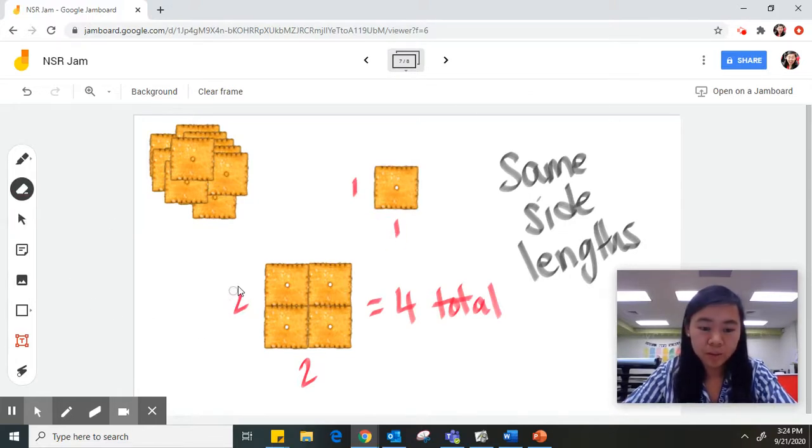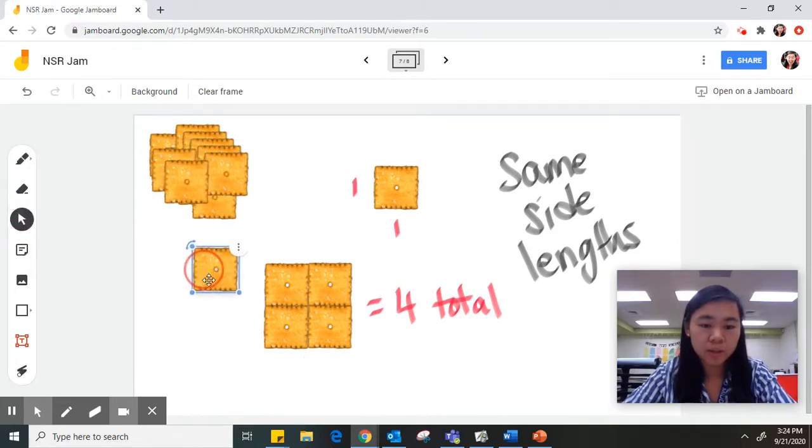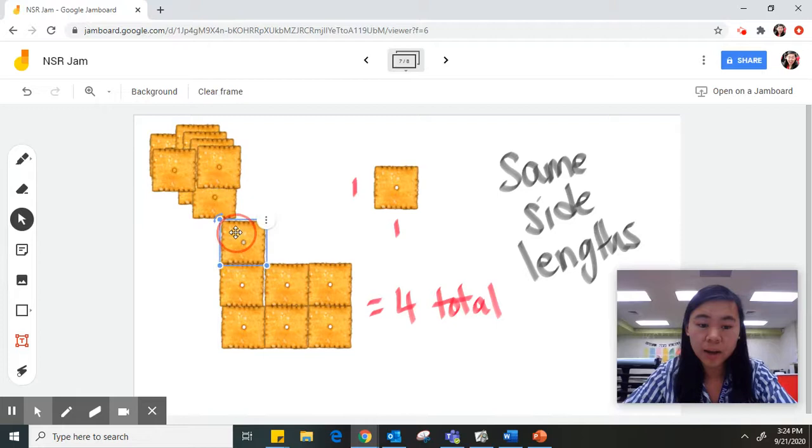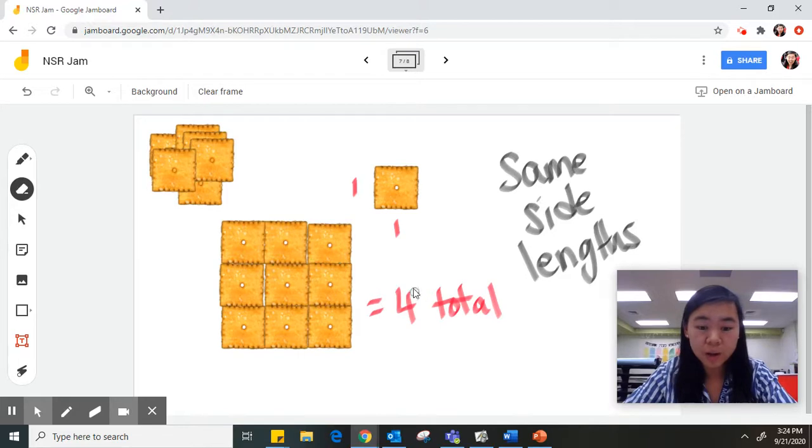So what comes after this? What if I were to make one more? If I were to drag some more Cheez-Its out here and make one more square, that's not a square because it's a 2 by 3, but I could add another row on top. And I now know that this too is a square because it's the same height as it is long, right? So I'm going to go ahead and write this in.